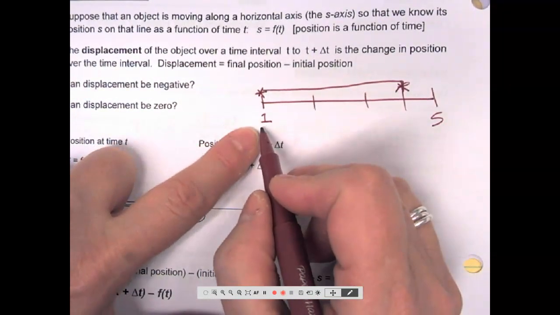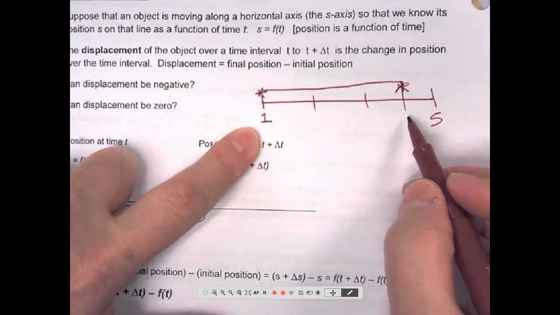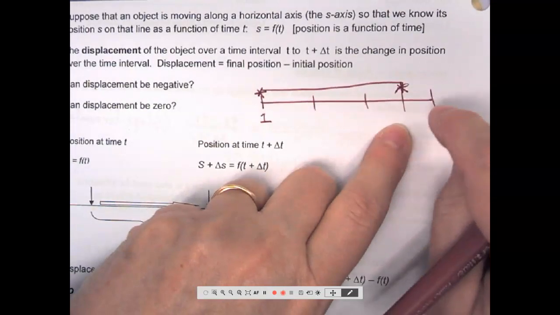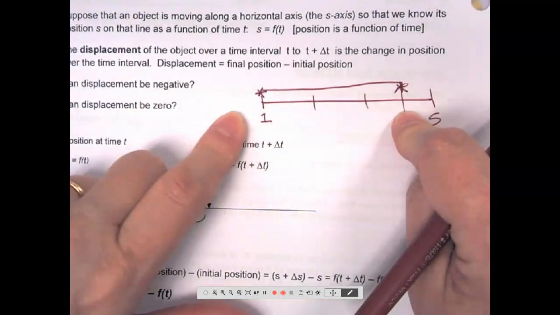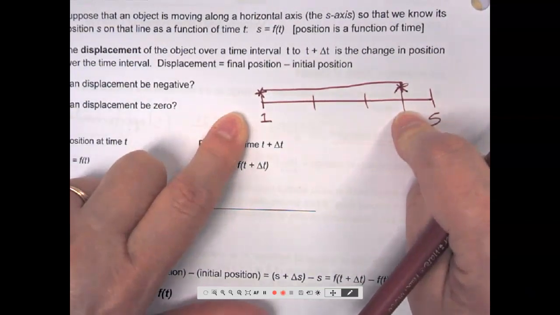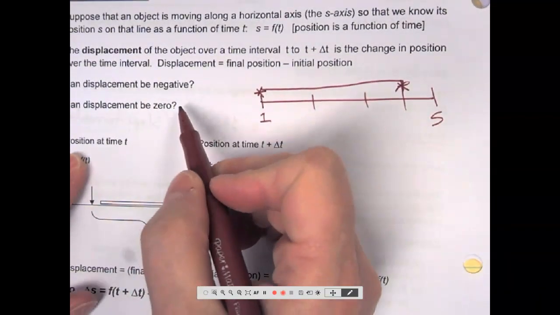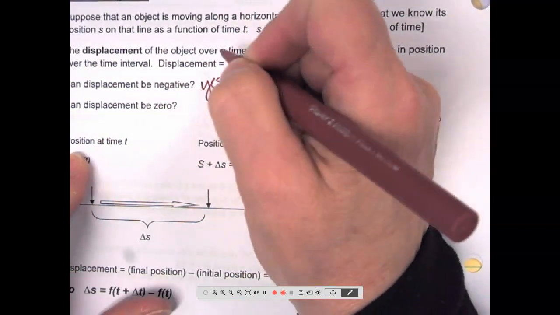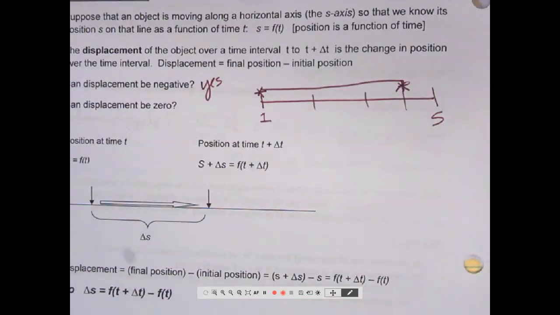So if I started at 1 and ended at 4, the displacement would be 4 minus 1, or 3. But if I started at 4 and ended at 1, then it would be 1 minus 4, which gives me negative 3. Okay, so can displacement be negative? Yes, it just indicates that you stopped to the left or below, whichever direction we're calling negative, of where you started.